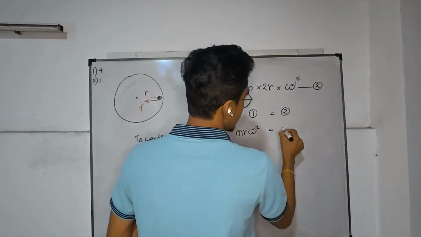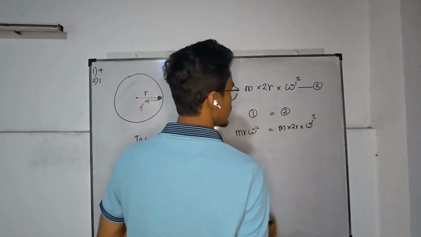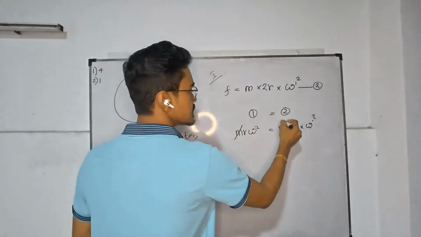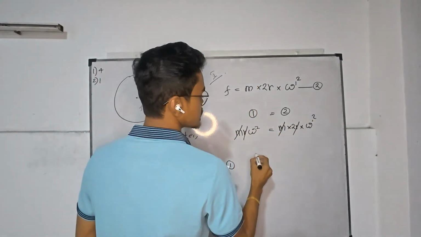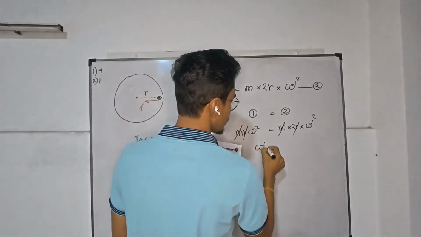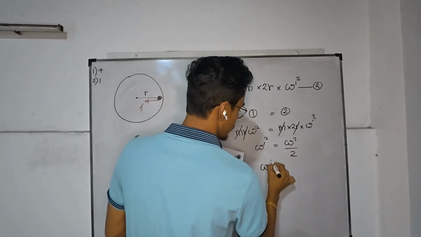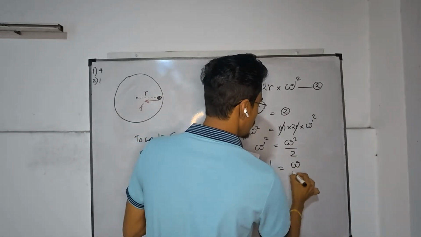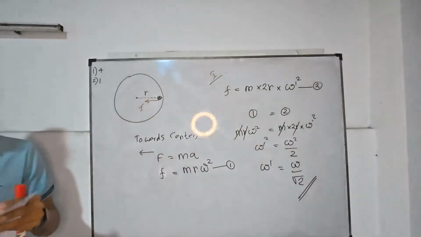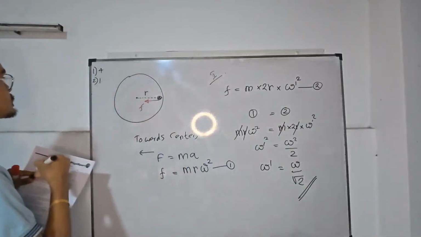From 2, m 2r omega dash squared. m cancels m, r cancels r. They're asking for omega dash, so making omega dash squared the subject, omega dash squared equals omega squared over 2. Omega dash is omega over root 2. Omega over root 2, answer 1.